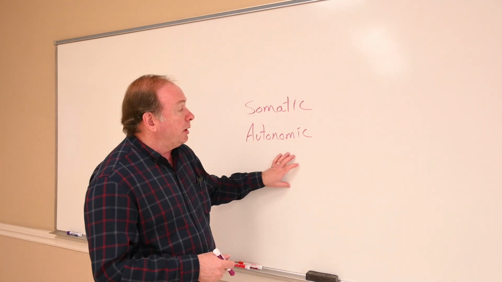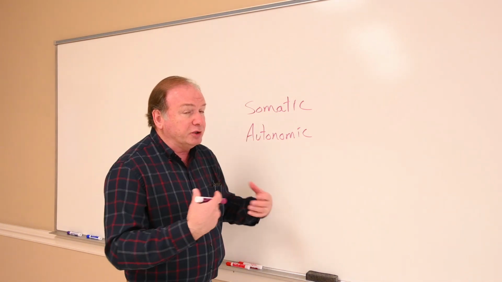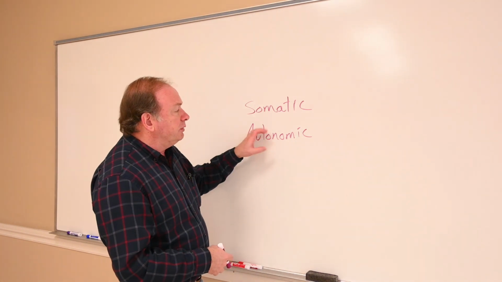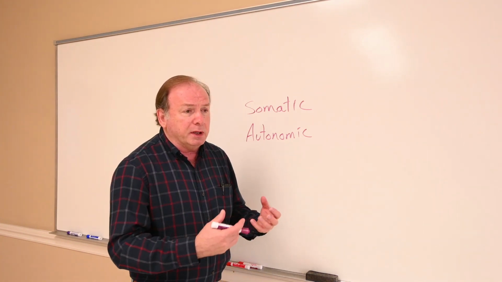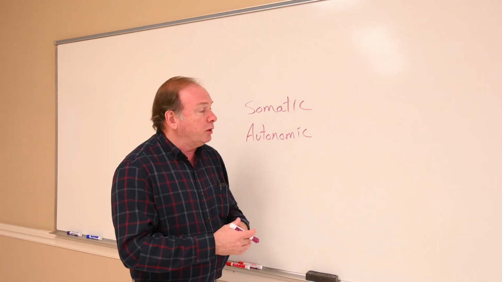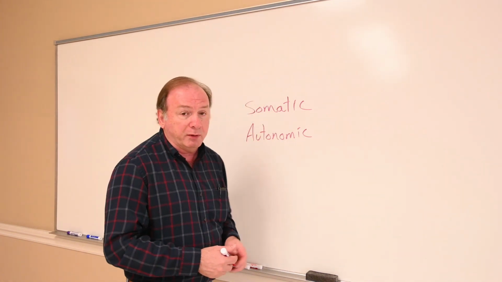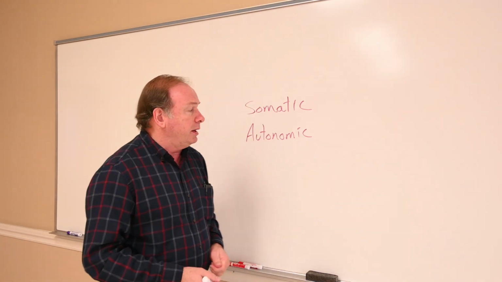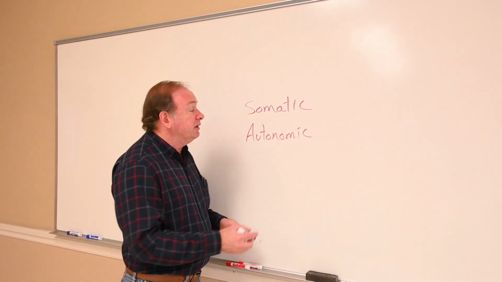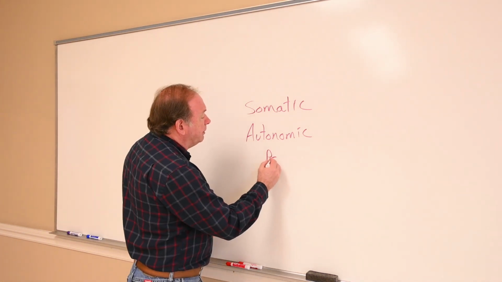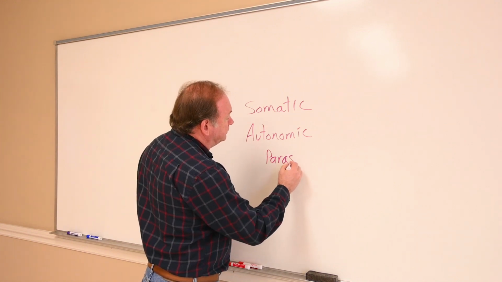Now, this autonomic branch is not only different in function, what it does, but it's also structurally different within the central nervous system. The parts of the brain and spinal cord that deal with somatic things are separate from those things that deal with the autonomic nervous system. Furthermore, the autonomic nervous system is divided into the parasympathetic and sympathetic.